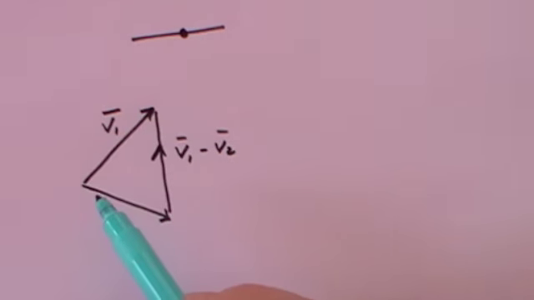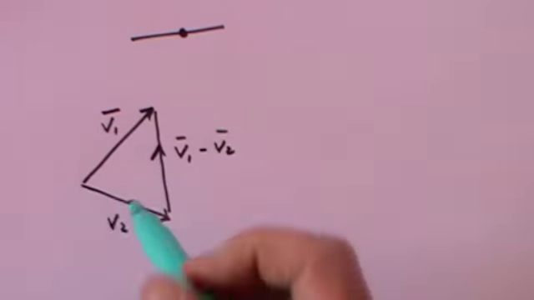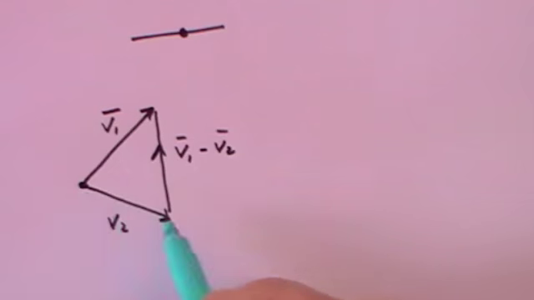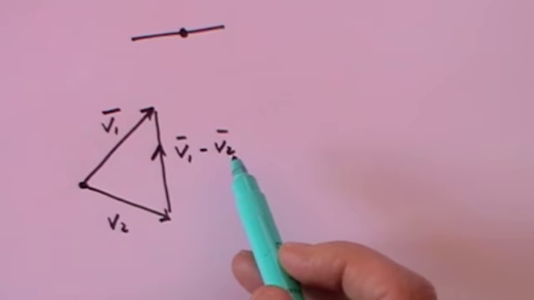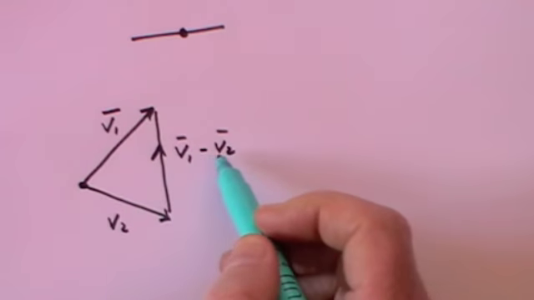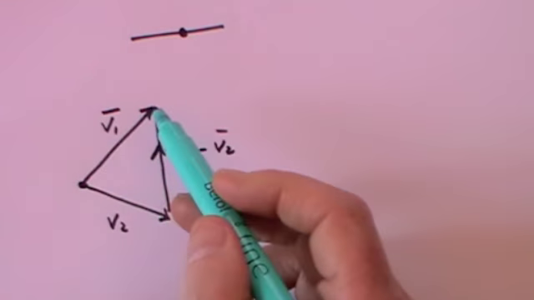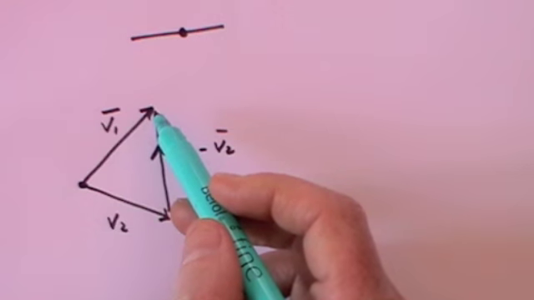In other words, instead of when we had the addition you doing tip to tail, now you do tail to tail. We've got the tail of v1 and the tail of v2 together, and then if you join up the two tips, you get the difference between them. And notice that v1 minus v2 is a vector heading from v2 to v1.